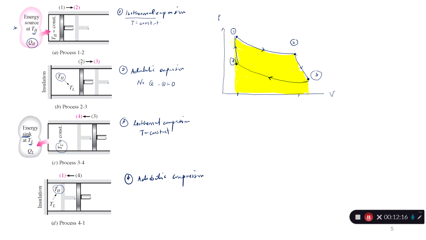So this part is the work done on the gas, the compression work. The yellow is the work done by the gas, and the blue lines are the work done on the gas. So if you put them together, you get a net work of whatever you see inside this enclosed area. This area will be the work produced by the cycle.